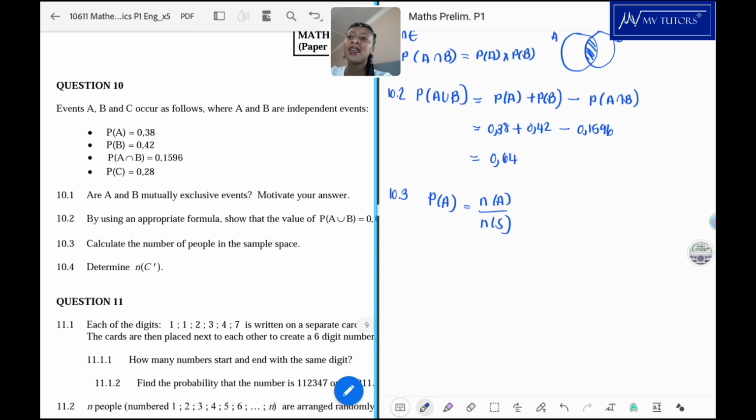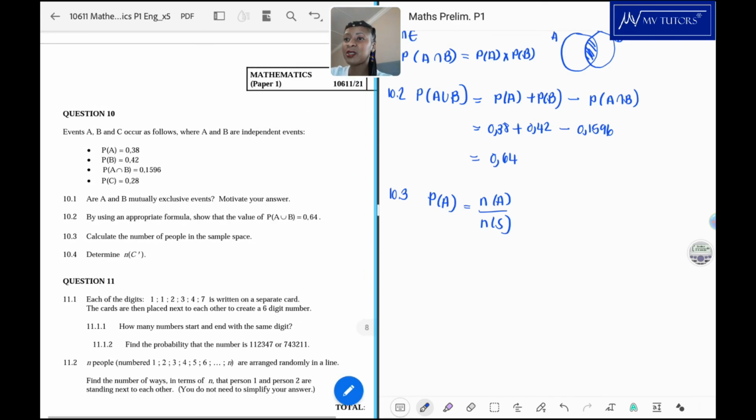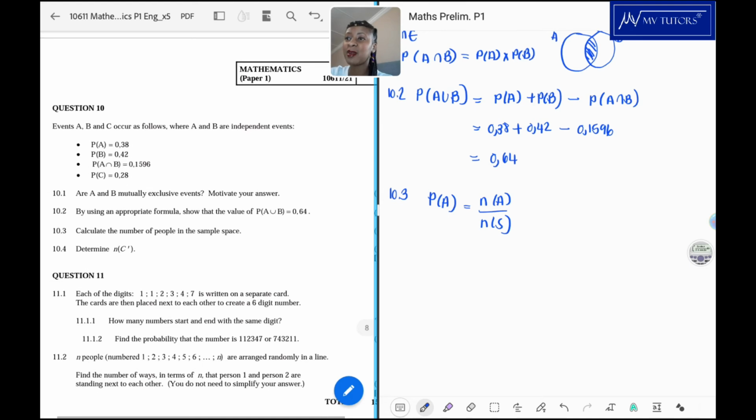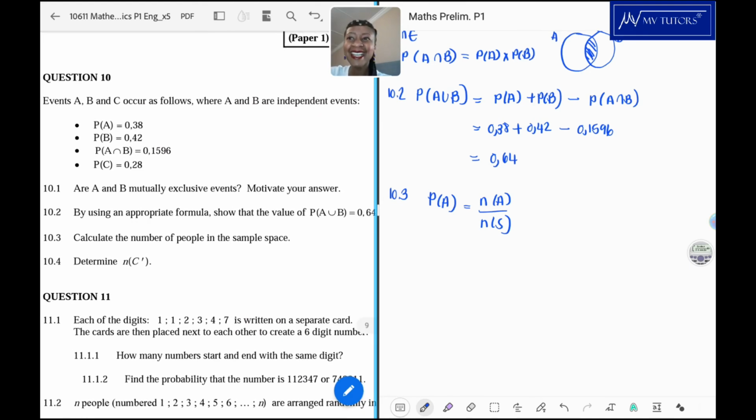So that was a little bit of a tricky one. In an exam situation, I'm just trying to see how many marks. It's 2 marks. Such little marks. But in such a case, if they don't tell you anything about the number of people in any event, you can safely assume a number.